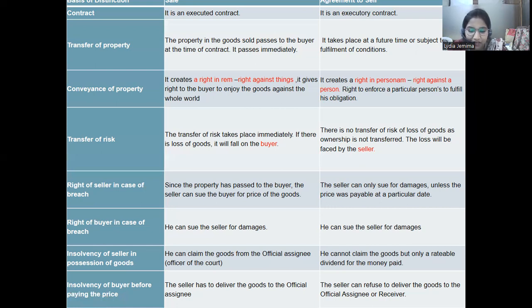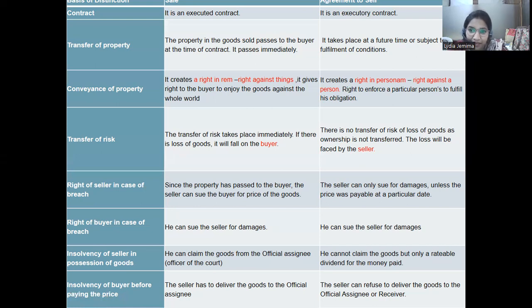Right of a buyer in case of breach: he can sue the seller for damages. Insolvency of the seller while in possession of goods: in a sale, the buyer can claim the goods from the official assignee, that is the officer of the court, the person who is nominated. In an agreement to sell, he cannot claim the goods, but can only receive a rateable dividend for the money paid.